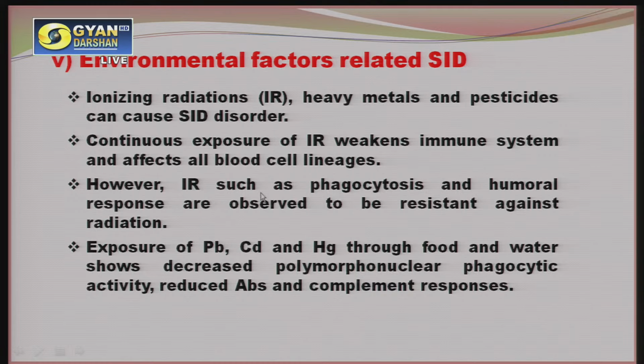However, immune responses such as phagocytosis and humoral immune response are observed to be resistant against radiation. Exposure to lead, cadmium and mercury through food and water shows decreased polymorphonuclear phagocytosis. Phagocytic activity is reduced, along with antibodies and complement response. So these are the environmental factor related secondary immunodeficiency.